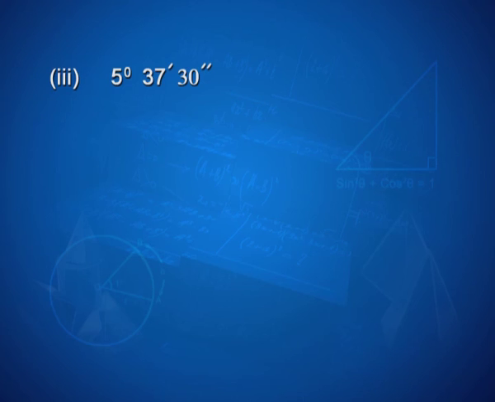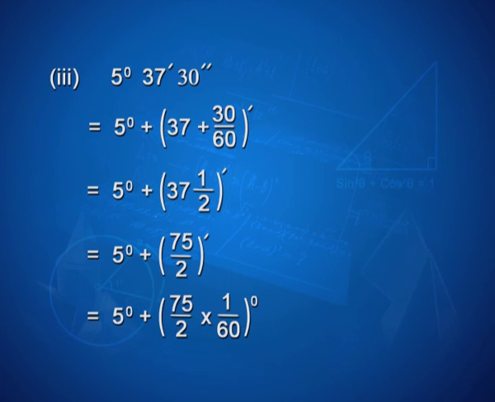Let us take one more example involving degrees, minutes and seconds. 5 degrees, 37 minutes and 30 seconds can be solved as 5 degrees plus 37 plus 30 upon 60 minutes, which on simplification will give 5 degrees plus 75 upon 2 into 1 upon 60 degrees.